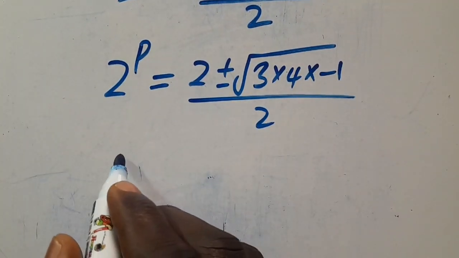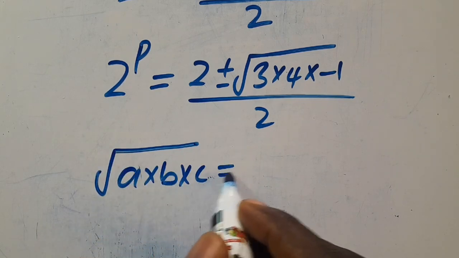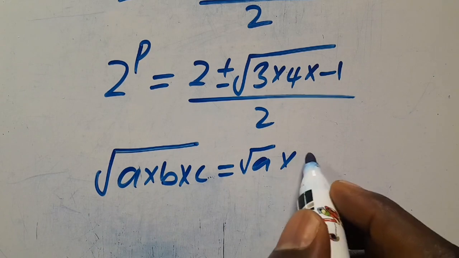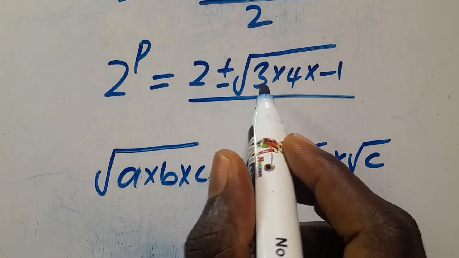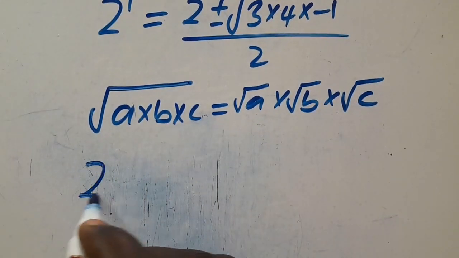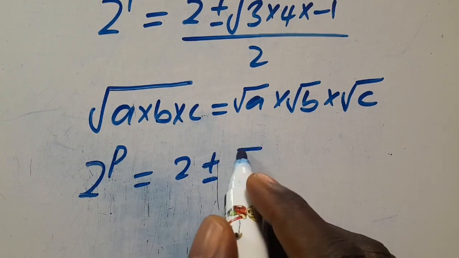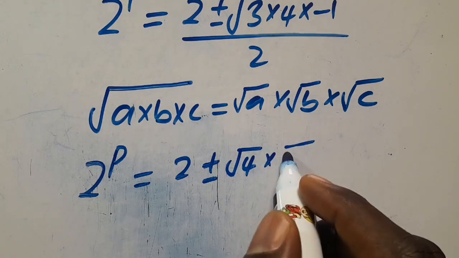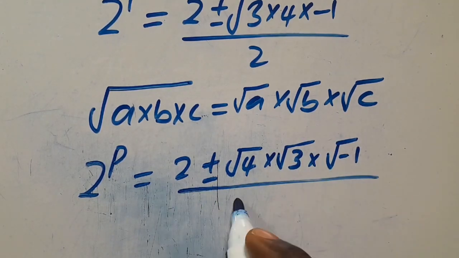Then let us recall that root of a times b times c equals root of a times root of b times root of c. When you apply it here, we have 2 to the power of p equals 2, positive or negative, root of 4 times root of 3 times root of minus 1, all divided by 2.